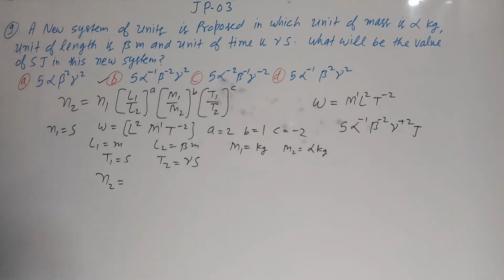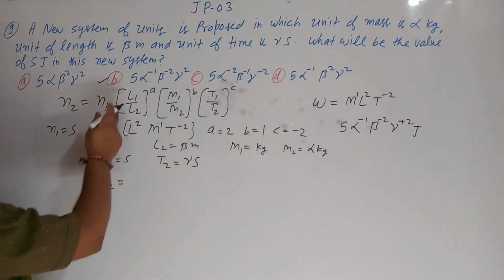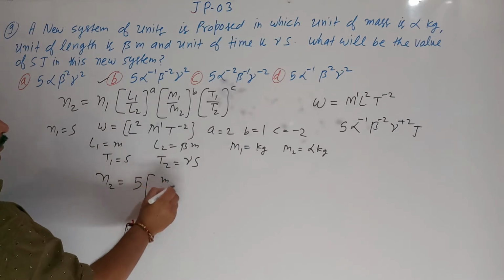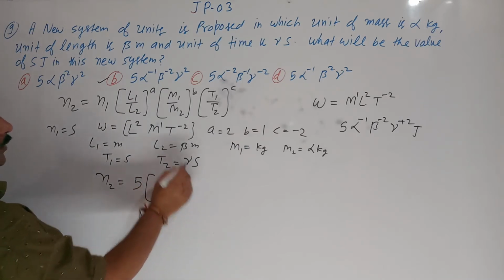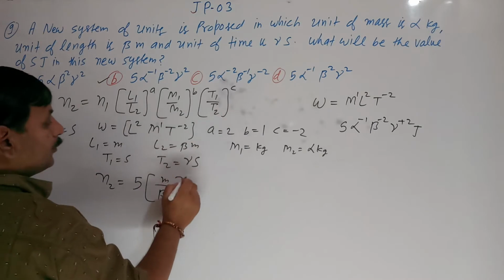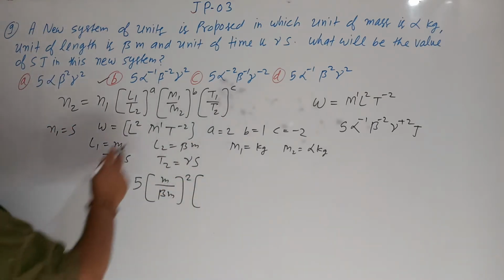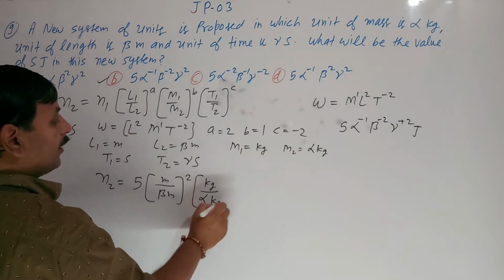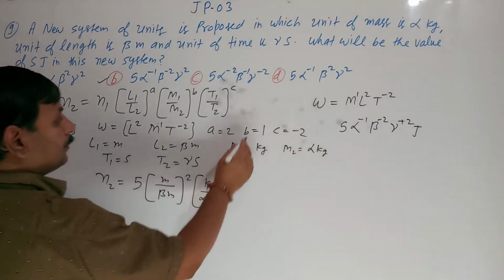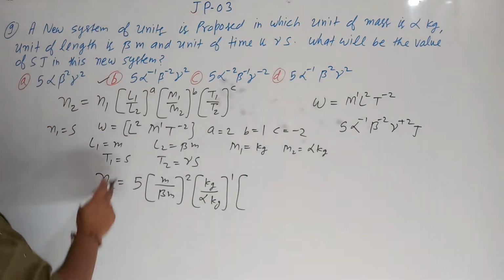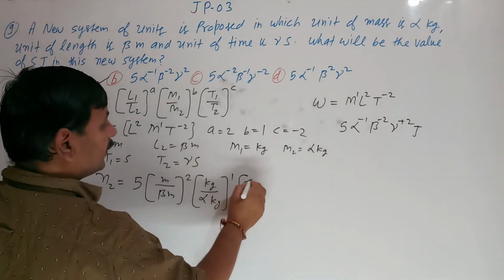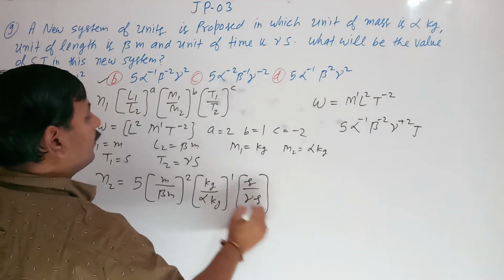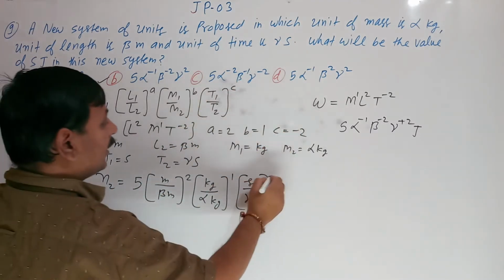Put here N2 is equal to 5 times L1 upon L2, meter upon beta meter power 2, M1 upon M2, kg upon alpha kg power 1, T1 is second upon gamma second power C is minus 2.